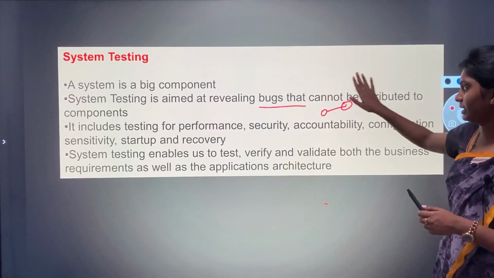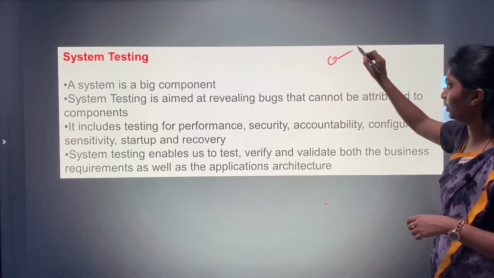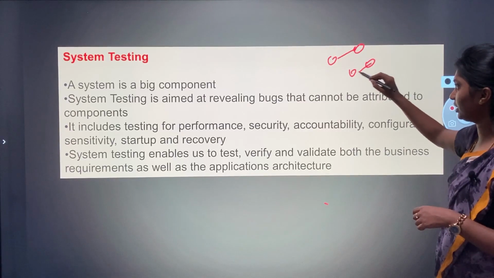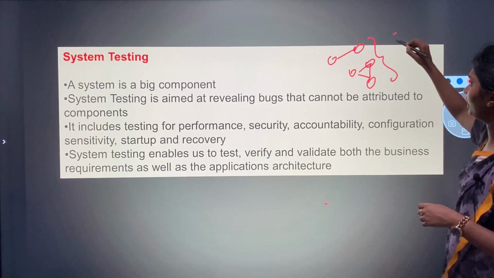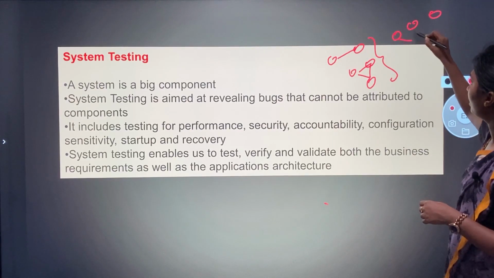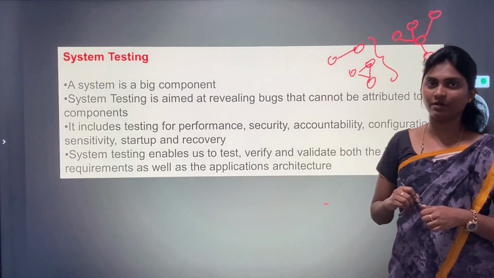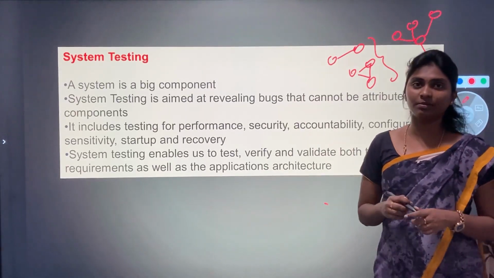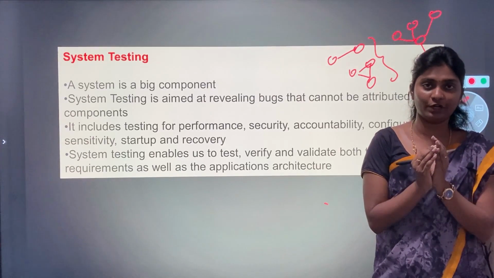Next, system testing. What is system testing? Unit testing and integration testing will all be combined into one system testing, right? What I said is that unit testing is the smallest component. But system testing is always the largest or biggest component of a project, because all the hardware and software are involved in it.